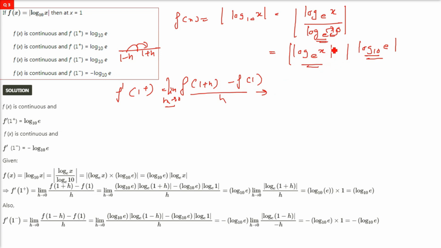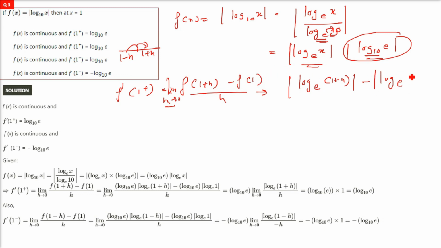So in place of x just replace it by 1 plus h. This constant I am not dealing with, because it is a constant, it will come outside. So we don't have to write it again and again. Just assume that this constant is there and we can take it outside. Let us talk with log base e 1 plus h. And this is in the modulus, minus log base e, and then we have 1 here.